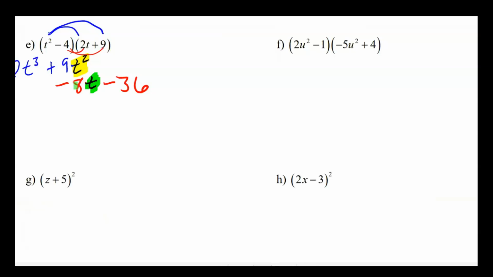So this one is not going to work out for any like terms because none of the variables match, and in fact, t cubed is also different. So all three of them are different. And then 36 is just a number. So none of this combines with add and subtract. So my final answer is just the whole set, 2t cubed plus 9t squared minus 8t minus 36.